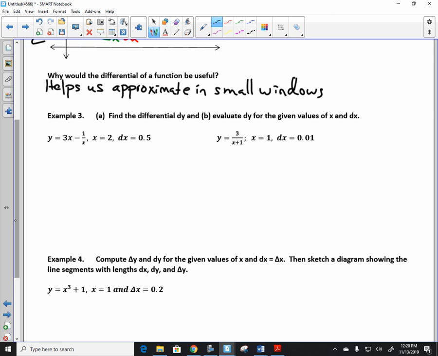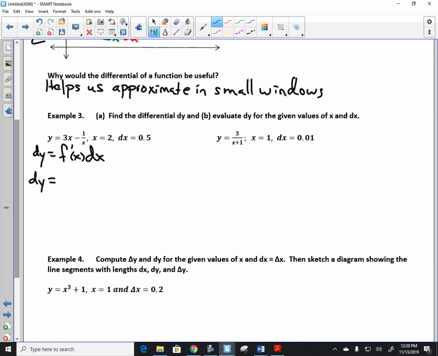It says find the differential dy and evaluate dy for the given values of x and dx. So y is equal to 3x minus 1 over x, for x equals 2 and dx is 0.5. No problem. All we say is that dy, the differential, is f prime of x dx. By the way, you get your notes for this test. Did I tell you that? So dy is, what is f prime of x?